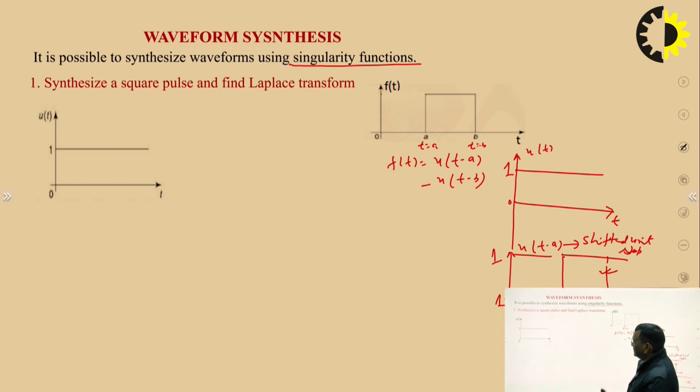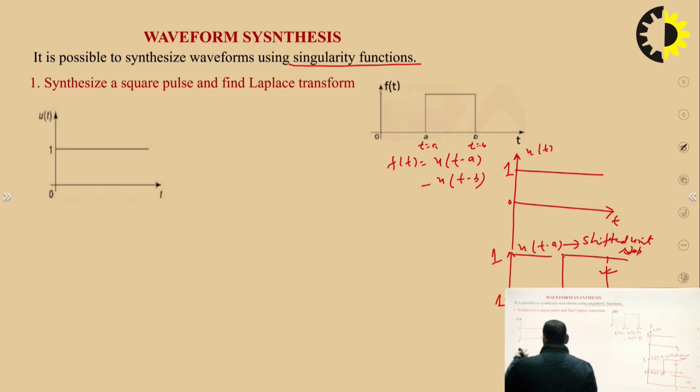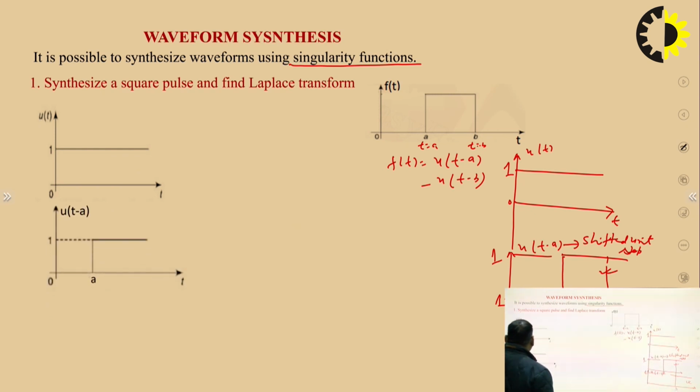Look at here, this is the unit step. Take the unit step and shift it by t minus a. Take another shifted unit step which is starting at t is equal to b. So this is basically u(t minus b). If we deduct this portion from this one, we get this square pulse.